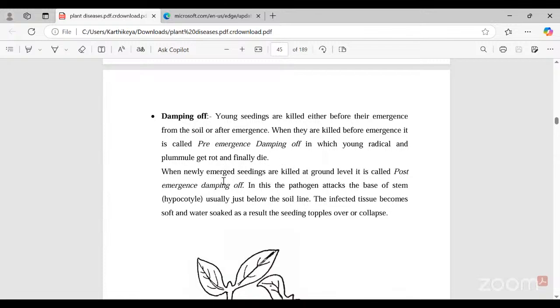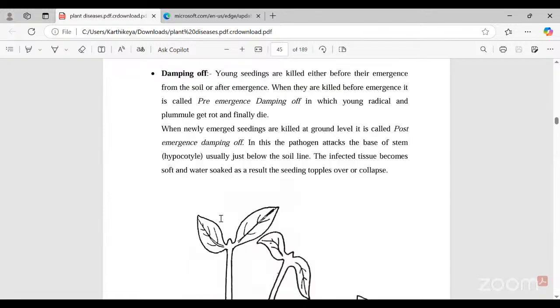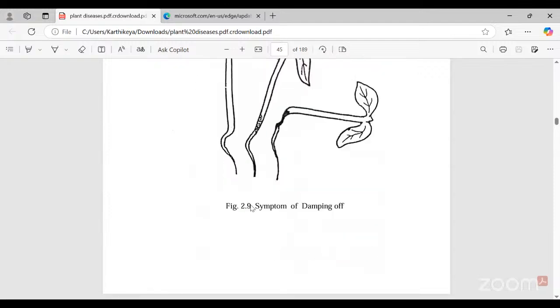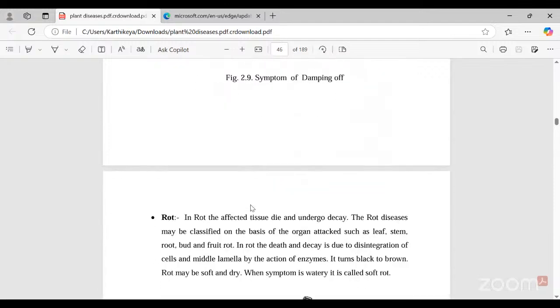When newly emerged seedlings are killed at ground level, it is called post-emergence damping off. In this, the pathogen attacks the base of the stem, the hypocotyl, usually just below the soil line. The infected tissue becomes soft and water-soaked. As a result, the seedling topples over or collapses. This is the symptom of damping off.